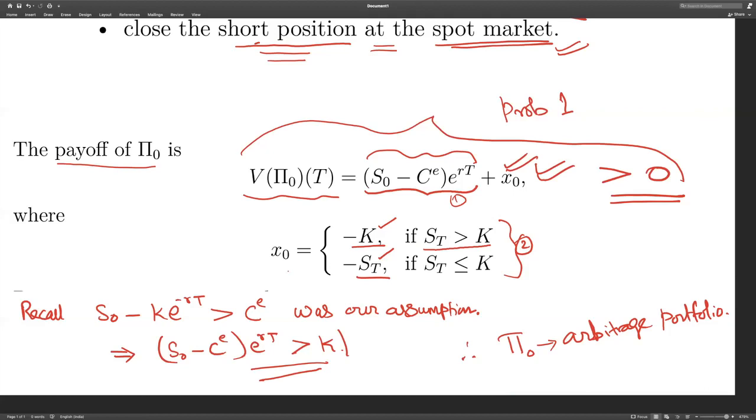Therefore, this assumption is not possible. It means the reverse inequality is going to hold. That is what we want to prove. And this completes the proof of our theorem on the European call option for a no dividend paying stock.